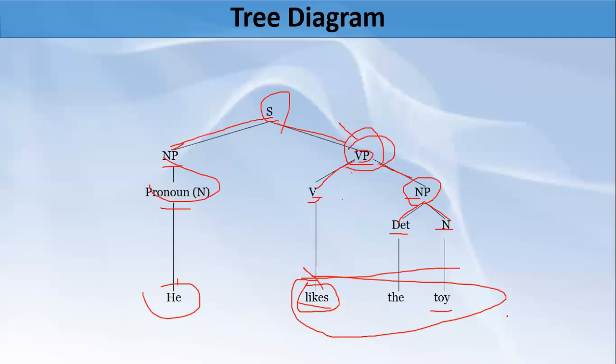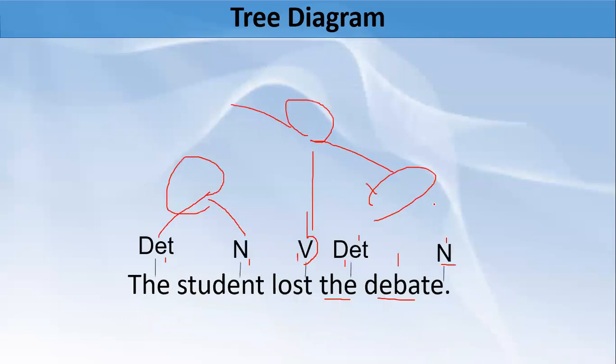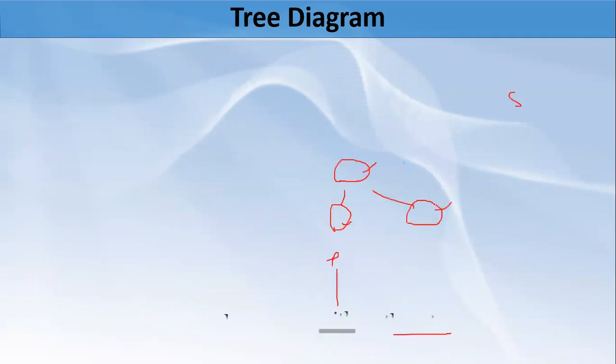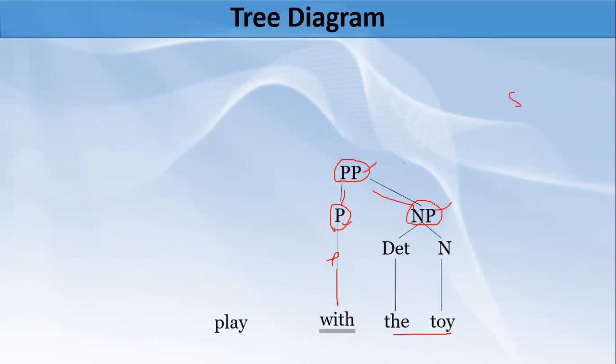It means this is a verb phrase. Similarly, this is a noun phrase. But in the prepositional phrase, the preposition is the head. Like we have one phrase, with the toy. The very first word, the head word, is a preposition. That is why this complete phrase is called the prepositional phrase.